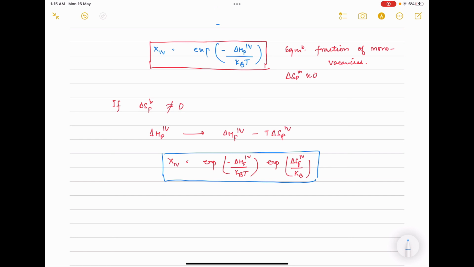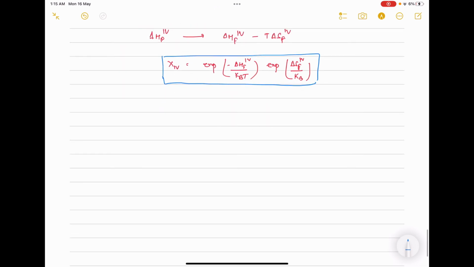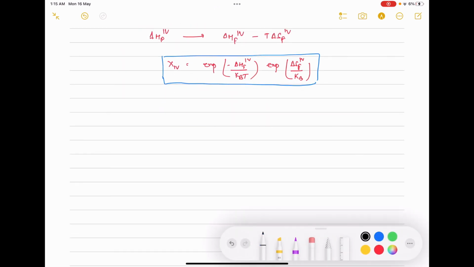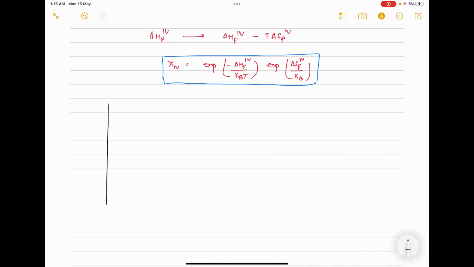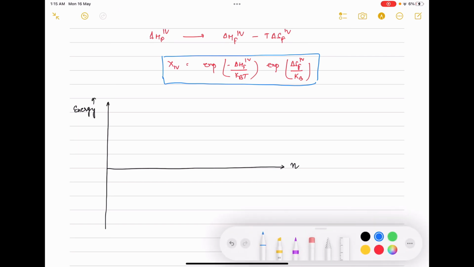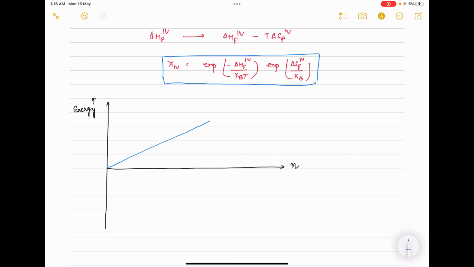So let us have a look at the curve as well. This is your energy axis and this is your number of mono vacancies. Okay, so the variation of delta H is linear. So this is n delta HF 1V.